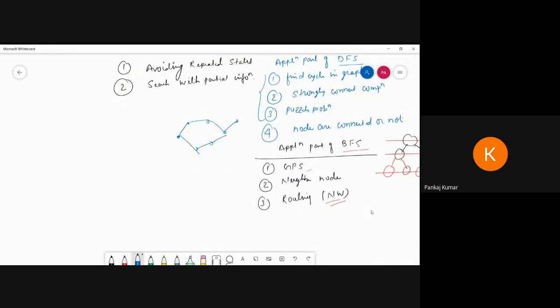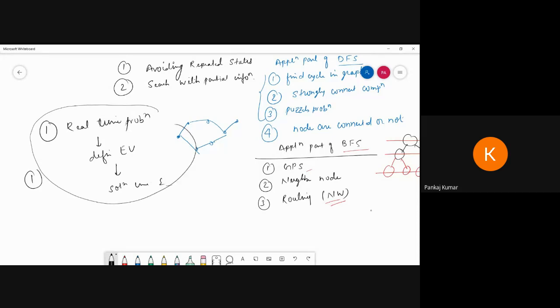You can finish uninformed search and AI problems. Generate one real-time problem, define the environment, and try to solve it using any search strategy. That is assignment number 1 for you.